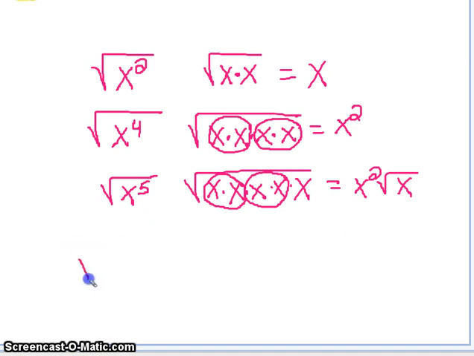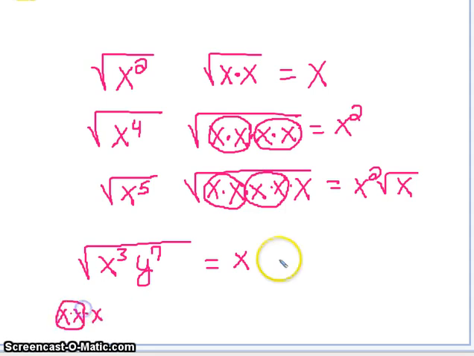If I look at an example of the square root of x to the third, y to the seventh, I know that I have 3 x's, so I can take 1x out, because if I were to write this out, 1, 2, 3, I have 1 pair, and 1x is going to stay under the radical.